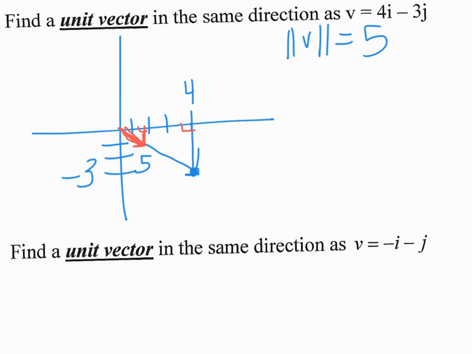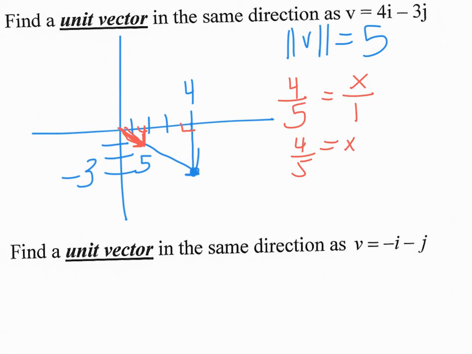Okay, so if I did something like this, the x value of the big triangle over the hypotenuse equals the x value of the small triangle over the hypotenuse. Then a little cross multiplying and you can see, oh, x is 4/5. So now I know the x component.